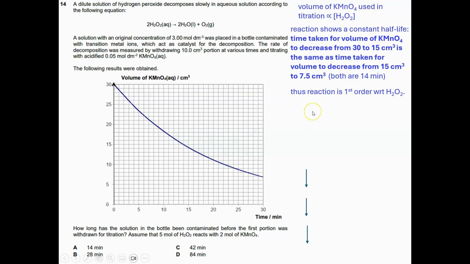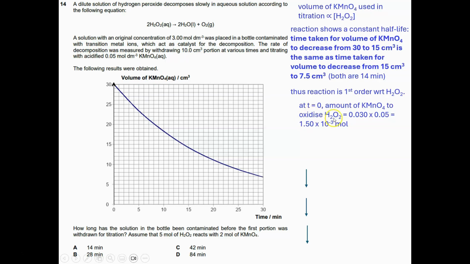Okay, so now we need to find the initial concentration of H2O2 to find out how much time has passed from the original concentration of 3 moles per dm cube. Initially we used 30 cm cube of KMnO4. Concentration of KMnO4 is 0.05.